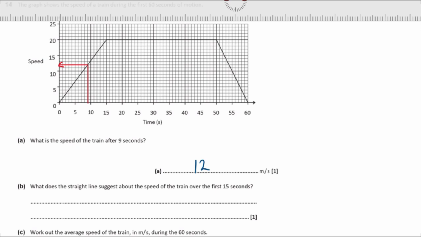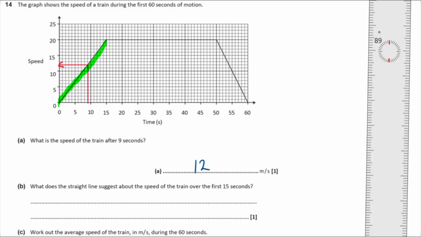Okay. What does the straight line suggest about the speed of the train over the first 15 seconds? Okay, so the first 15 seconds is this section of the graph here, isn't it? The graph is a straight increasing line. So we could say either that the train is accelerating at a uniform rate or the speed is increasing at a uniform rate.